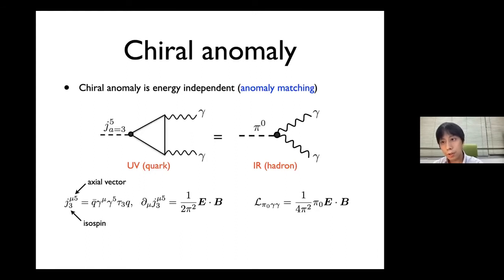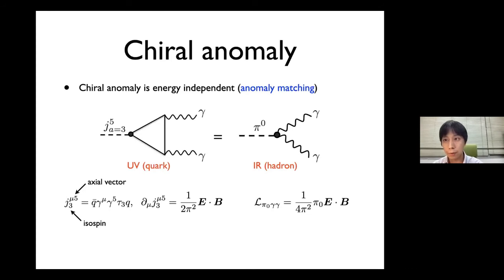And in the case of QCD, at low energy, the physical degrees of freedom are hadrons rather than quarks due to confinement. Then the fact that the anomaly is exactly independent of the energy scale means that this chiral anomaly relation must be satisfied in the language of hadrons that couple to the axial current. So we have to satisfy this anomaly relation in terms of pions.